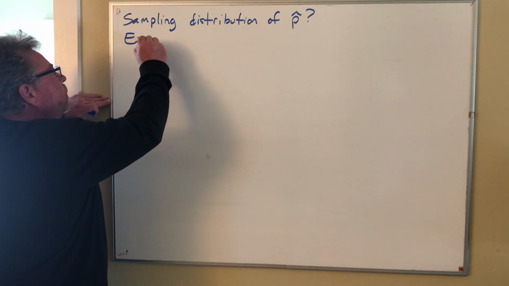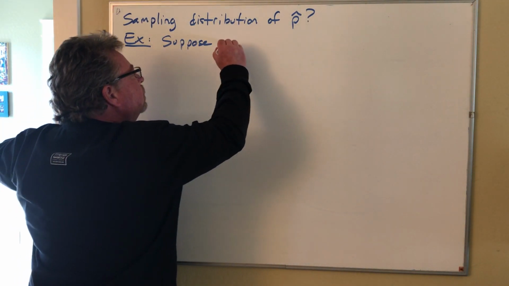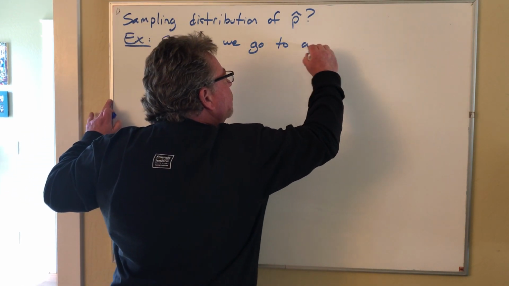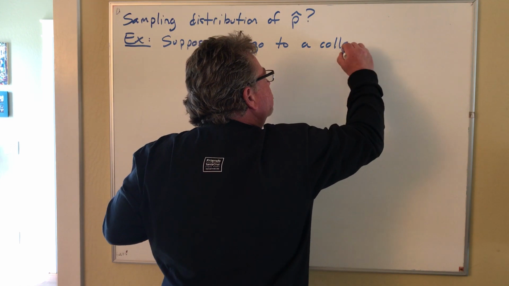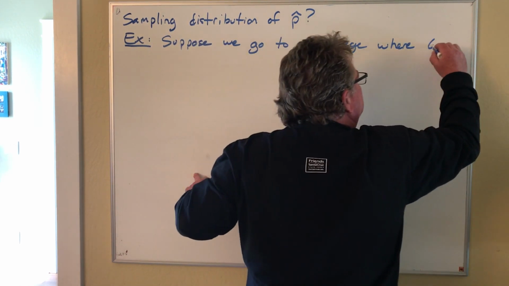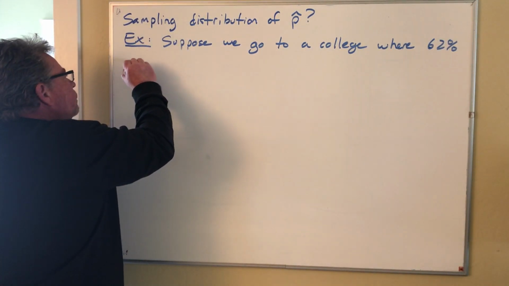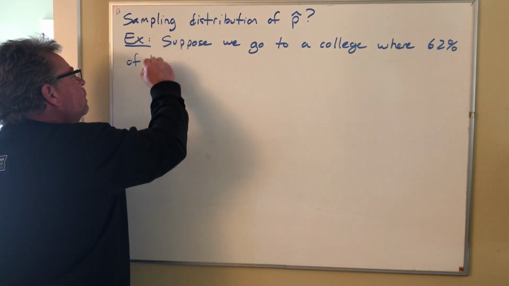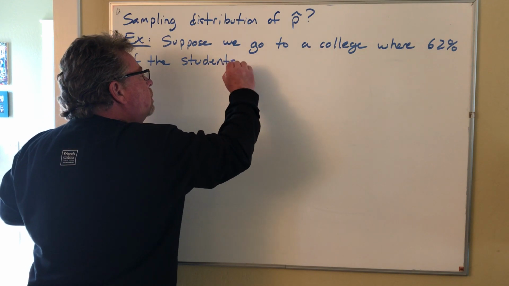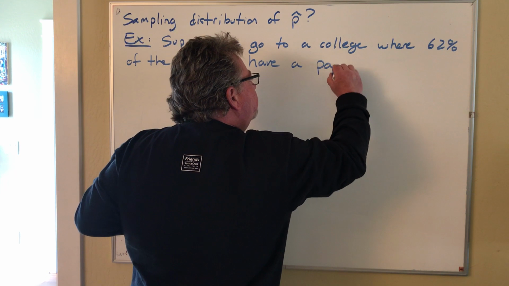For example, let's suppose we go to a college where 62% of the students, and I mean all students, have a part-time job.